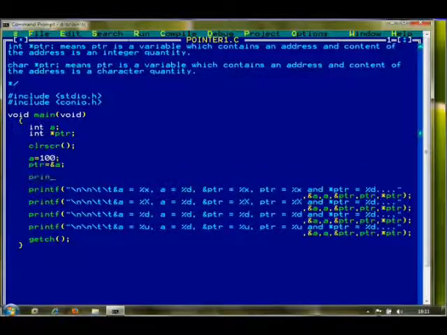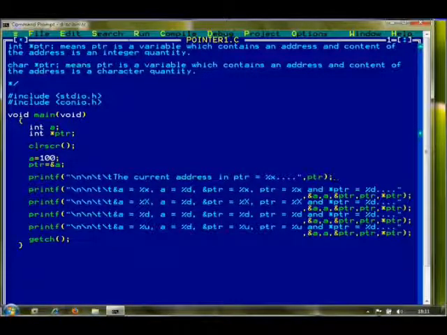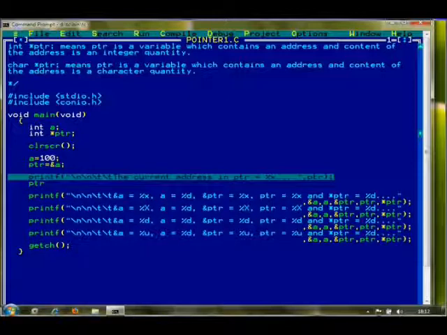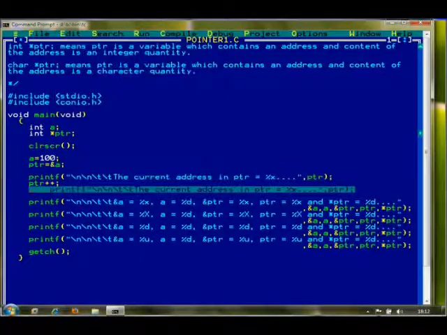You see, the current address in PTR is this. Here I have written PTR plus plus.